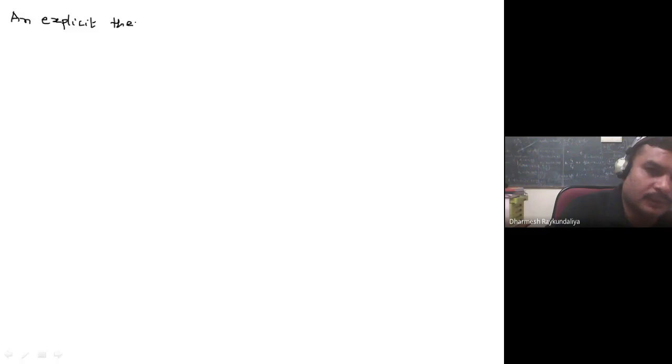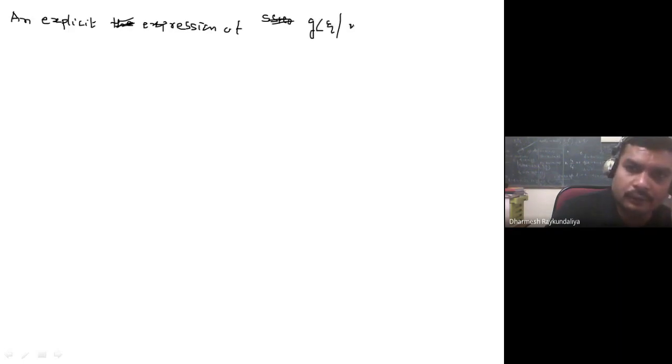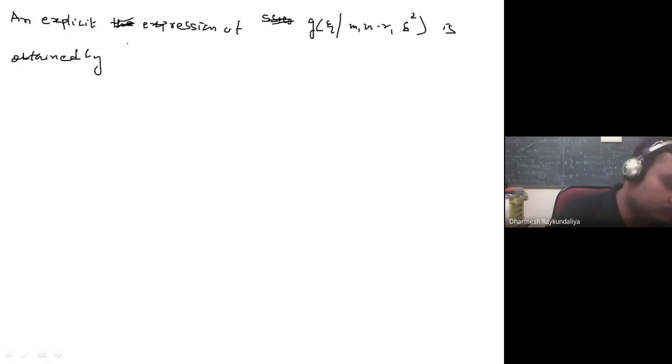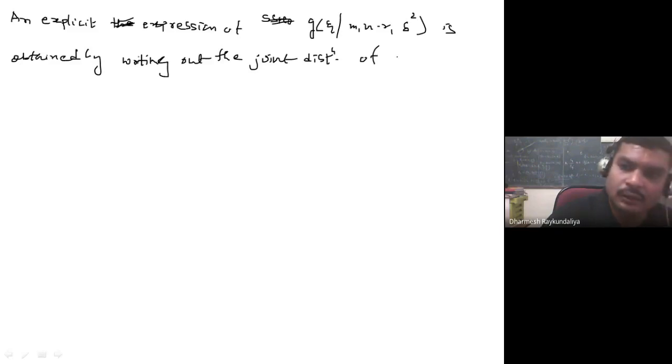Sorry, the explicit expression of g of xi, m n minus r delta square, is obtained by writing out the joint distribution of SS at naught upon sigma square and by transforming to xi.